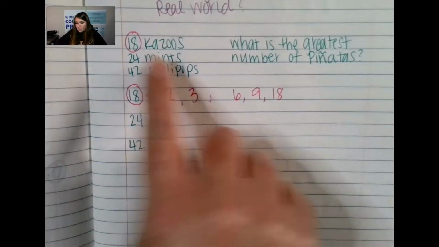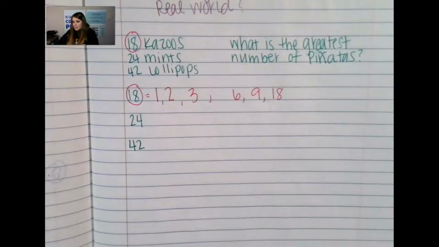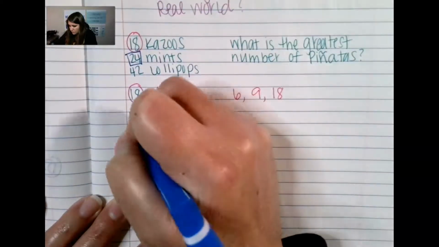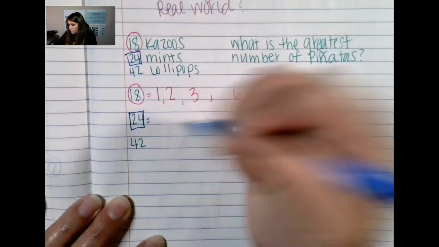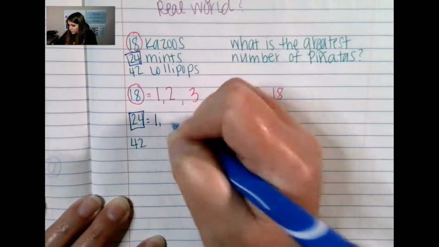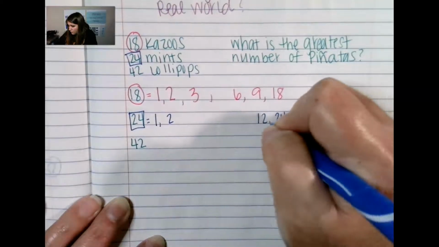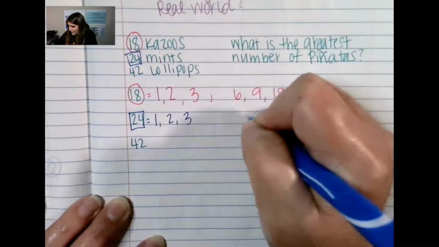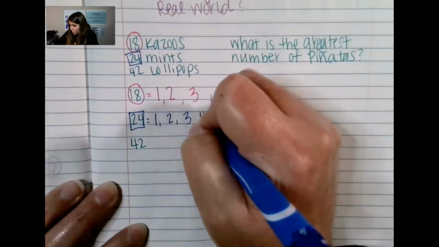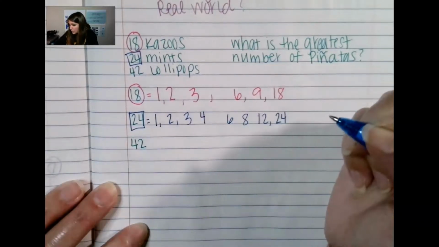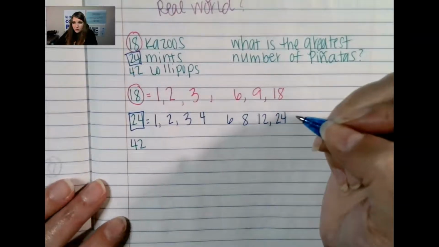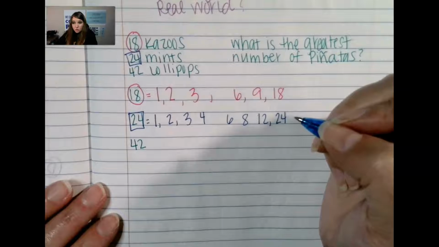Okay, now let's look at the mints. How many mints can we make? We want 24 mints. 1 and 24, 2 and 12, 3 and 8, 4 and 6, 5, nope, that would be 20, because 5 times 4 is 20.